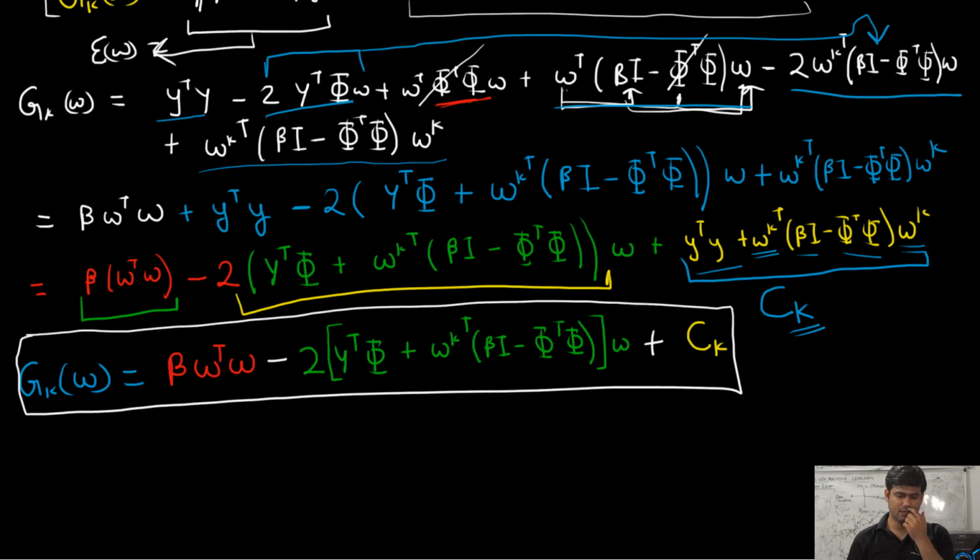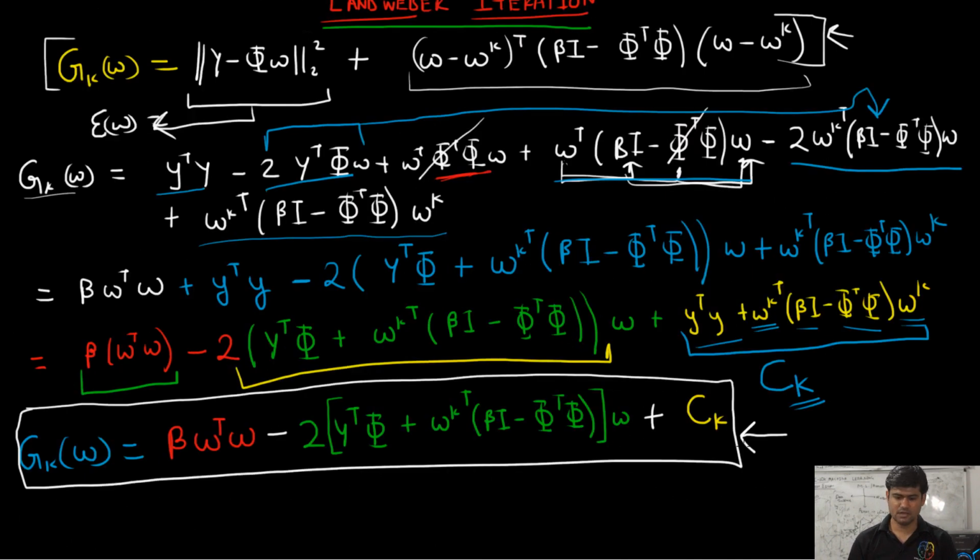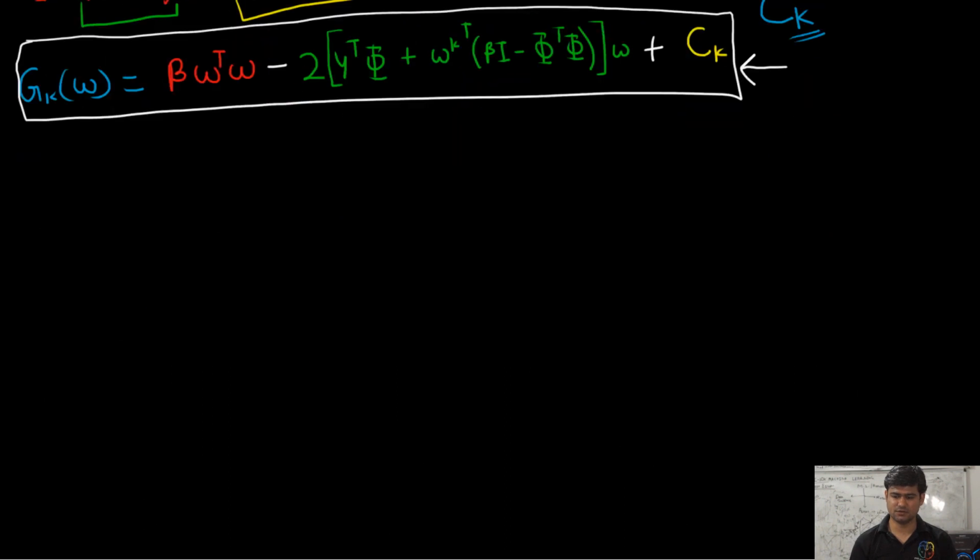We could have directly computed the derivative of this function gk and set it to 0 to obtain the solution, but first we have simplified the definition of the function gk because it will become very critical later on, and that's why we have represented the function gk compactly to show its dependence on w, and this constant term is being ignored. So now we can set the gradient of this function to 0 to obtain the minimizer of this function gk.